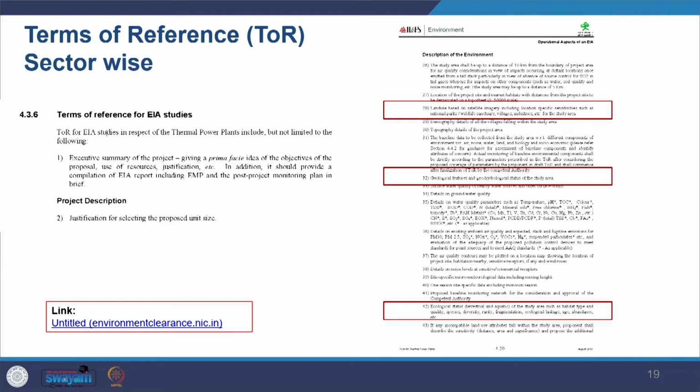For the particular sector you're working in, you can look at what the terms of reference will be. You also see that additional points are required based on the sensitivity of the area under study. There will be a certain standard procedure, but based on the area you're studying, there will be certain additional requirements.